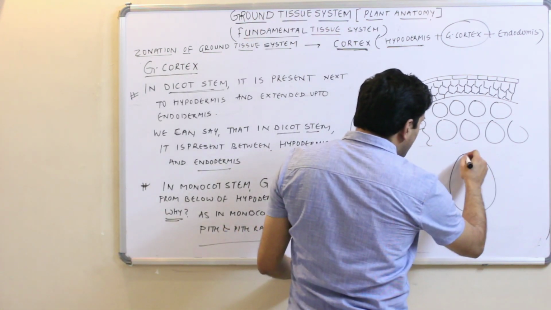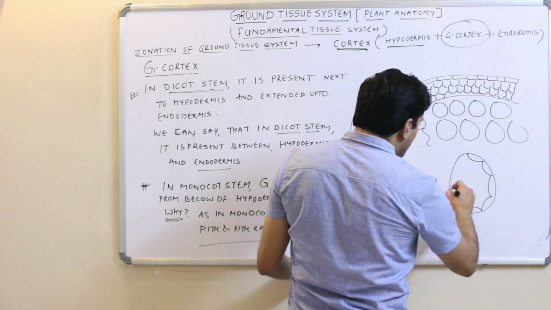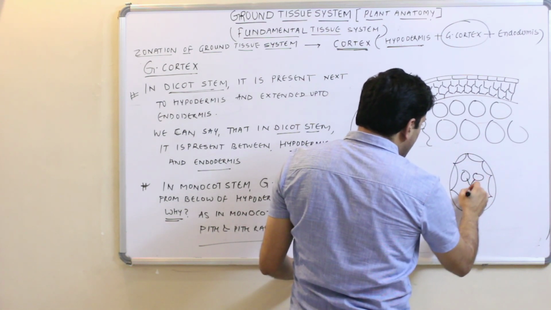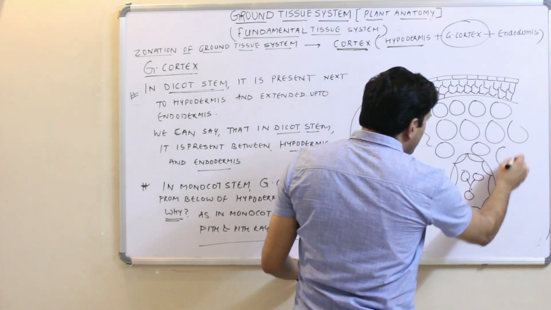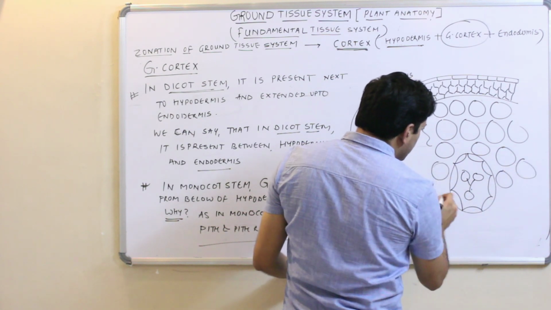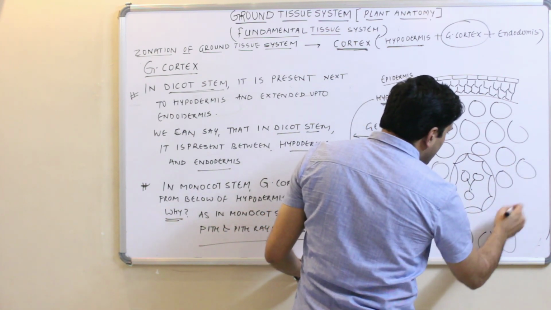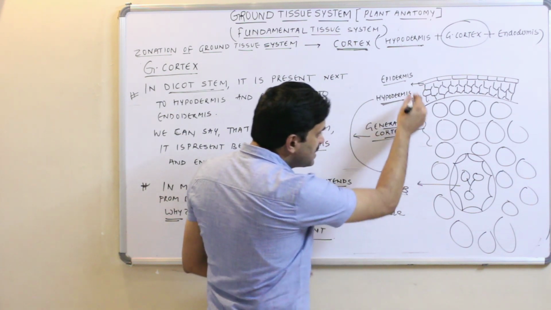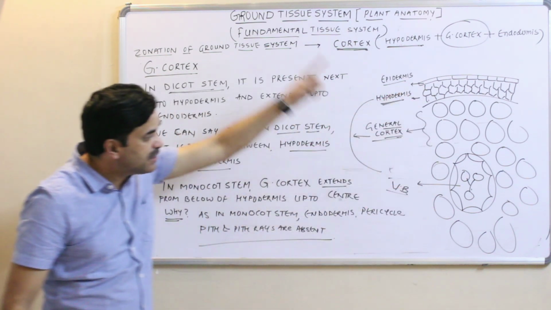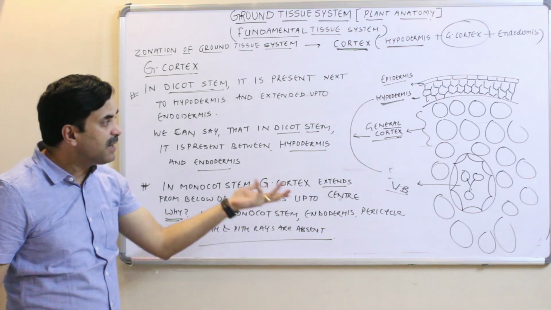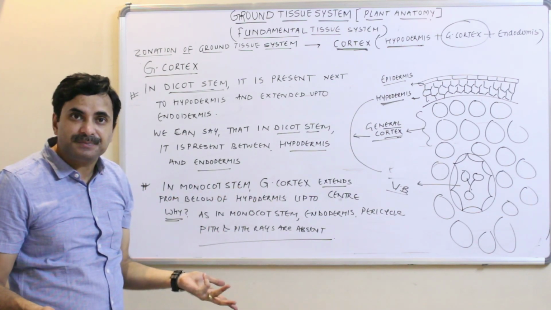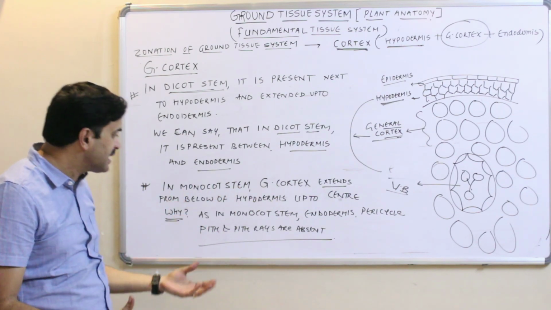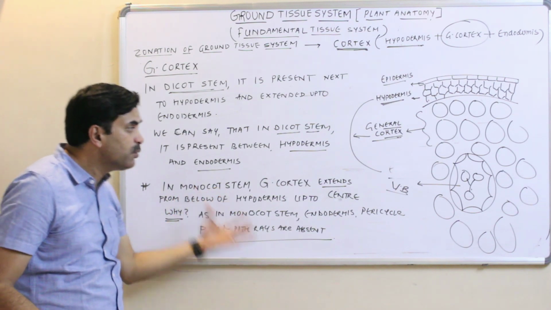Say for these are the vascular bundles. And this cortex will be extended up to the center. This is the vascular bundle, and this is the general cortex which is extended up till the center. Why? Because there is no endodermis, no pericycle, no pith, no pith rays.